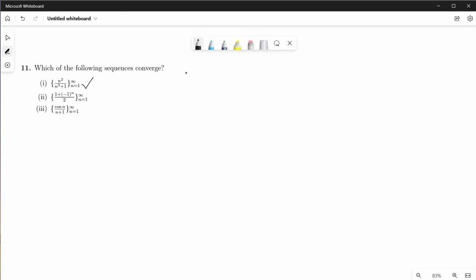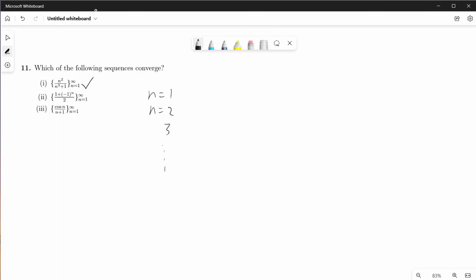And for number 2, what I'm going to do is a little different. I'm going to just write out a couple of the numbers within the sequence.